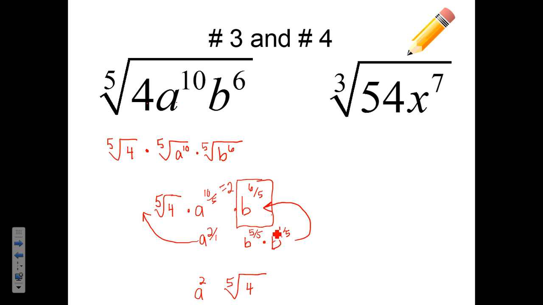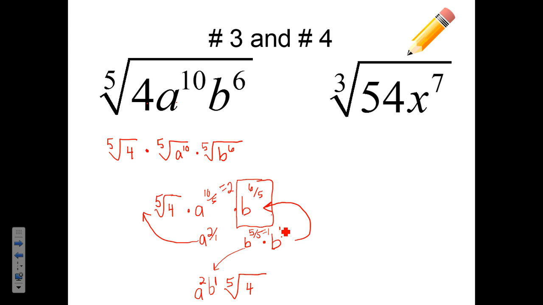Now, you're probably saying, well, how's that going to help me, Mrs. Brendan? Well, how that's going to help you is that you know that 5 divided by 5 is 1. And so that b to the power of 1 is going to go out here in front.